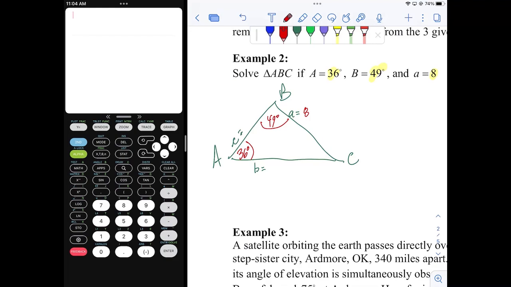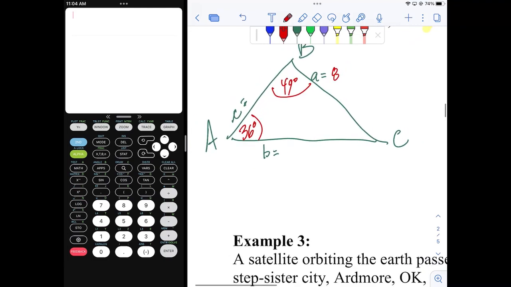Now, of the three remaining pieces, the two sides and the one angle, which of those is easiest to find? Which one doesn't even require the law of sines? Angle C. Because we know that the sum of all the angles has to be 180.